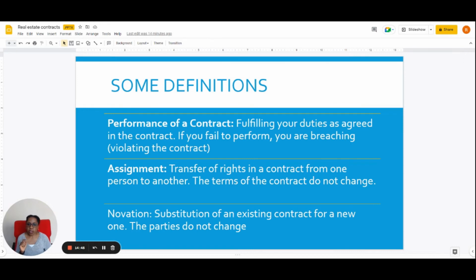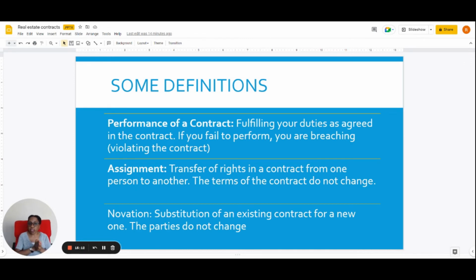The next term here is assignment. An assignment is one whereby the contract itself and the terms of the contract do not change, but one party changes. So we substitute one person for another. For example, and this happens a lot when it comes to mortgages. Let's say you got your mortgage from Bank of America.